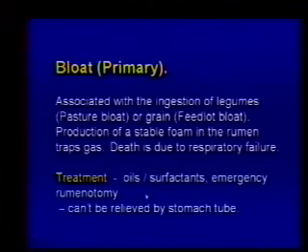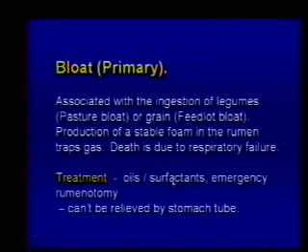Treatment, if it's not an end stage, if it's not very severe, we simply pass a stomach tube to relieve the gas. We can add some mineral oil, which acts as a surfactant.